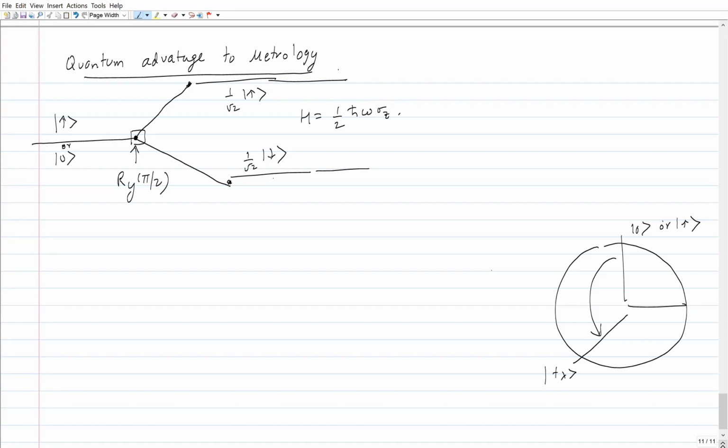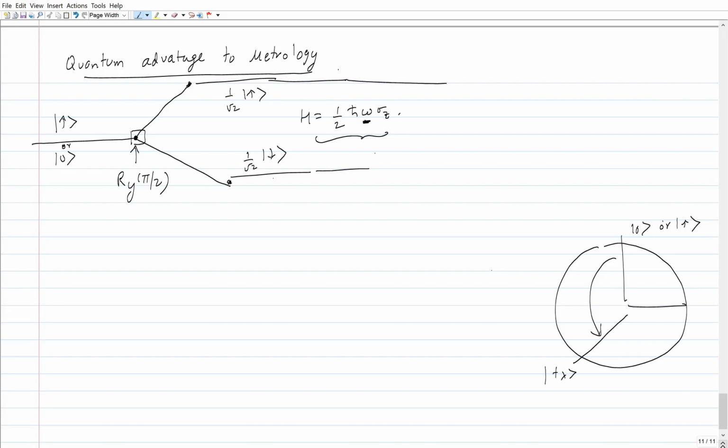So this can be an atom interferometer and these can be the magnetic fields, but essentially the idea is that I have an initial quantum state, I create an equal superposition of up and down. Now I'm going to apply it with the following Hamiltonian, where really omega is the kind of parameter typically I'll be interested in.